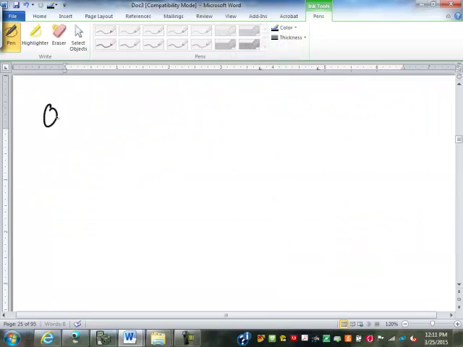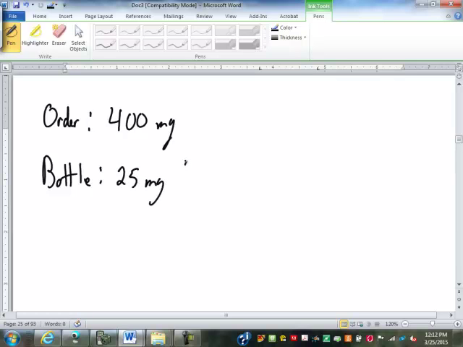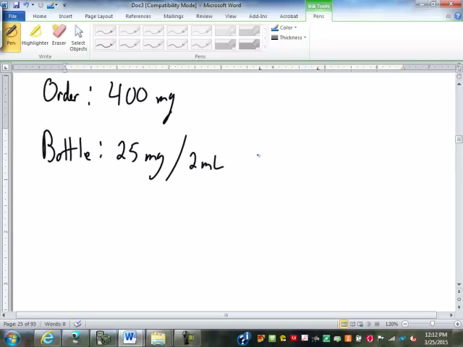Well, let's say we have an order for 400 milligrams of medication. And let's say on the bottle we have a liquid medication here, a solution that says 25 milligrams per 2 milliliters. So now, looking at our dosage calculation formula, our ordered dose is the 400 milligrams. Below that's going to be the on-hand dose, and this usually comes off of the label of the bottle.